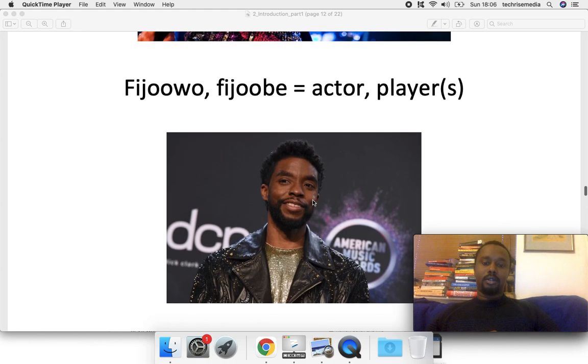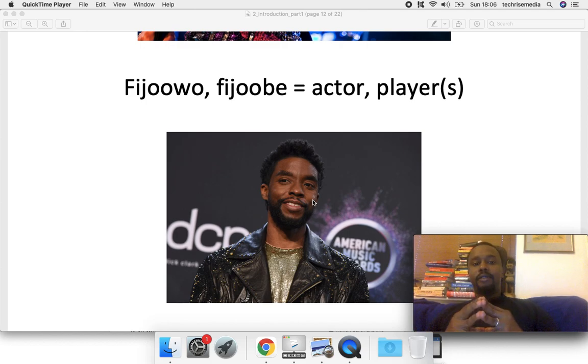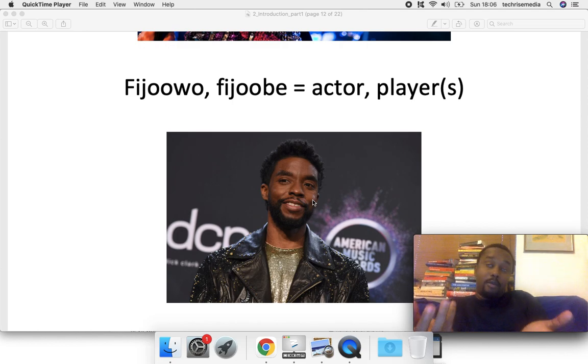So we have fijowo or fijobe, right? So it could be an actor or it could be playing. Fijigal means playing, so you could be playing a part. You're an actor, you're a player, or you could be a football player.